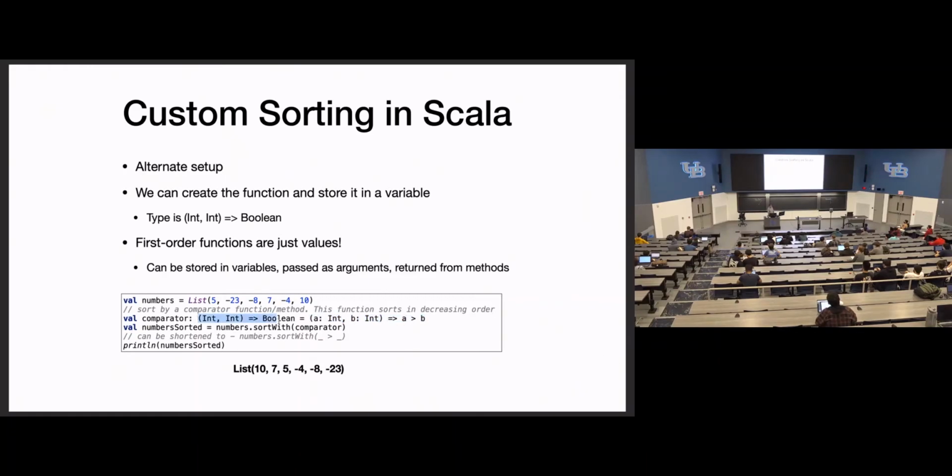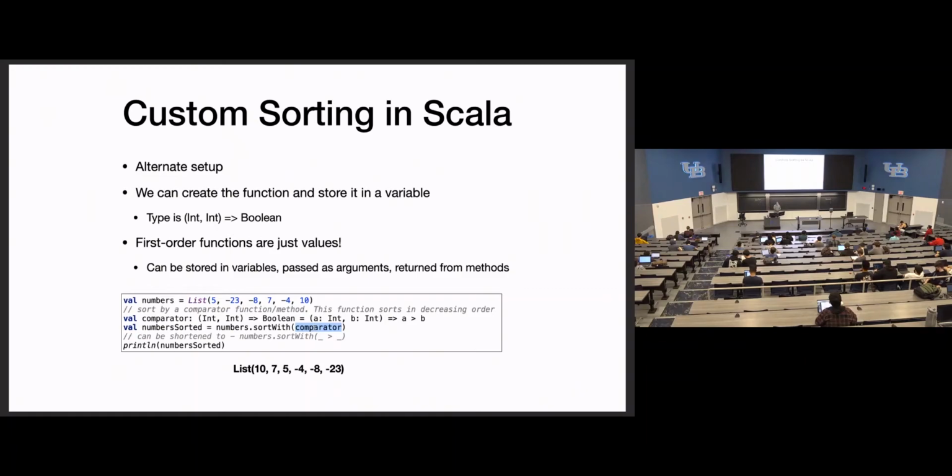The type of a variable for a function or a parameter, like this sort with method, takes a parameter of type int and int to Boolean, assuming that this is a list of integers. Whatever the type of this list is, I didn't specify my type explicitly here, but whatever type this list is, then this comparator has to take 2 of those and return a Boolean.